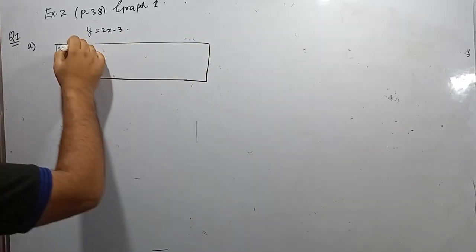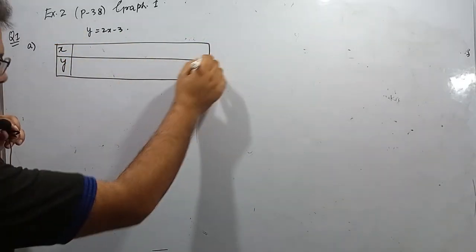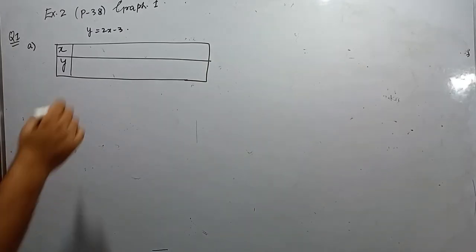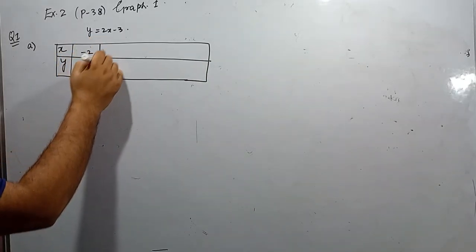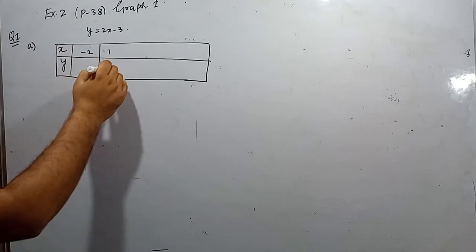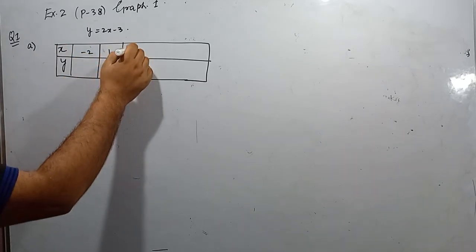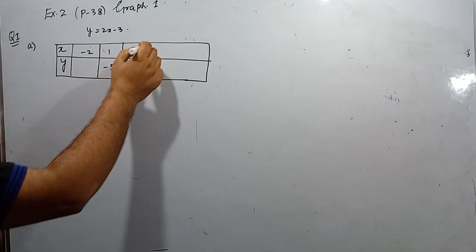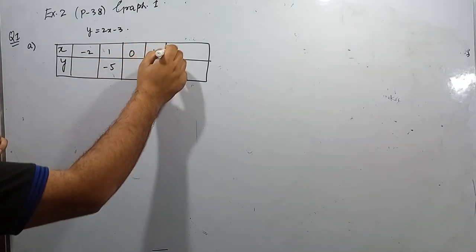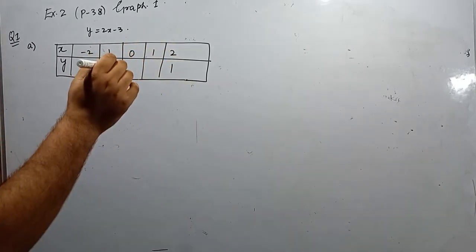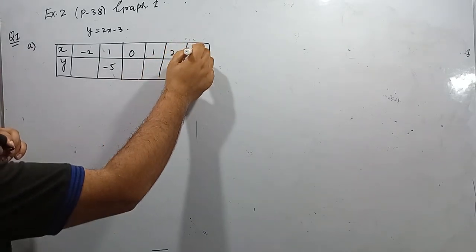What are the values of x? You can see from the question. First value is minus 2, then minus 1.5, then 0, then 1, then 2, then 2.5, and then 3.